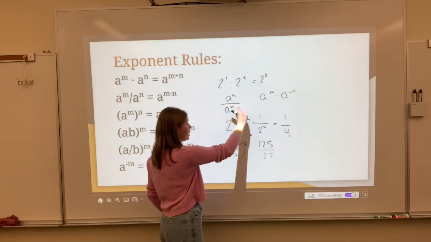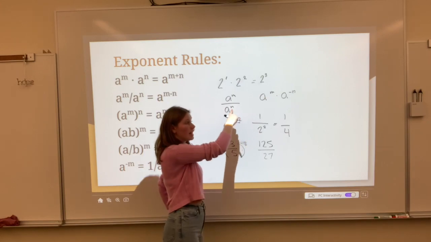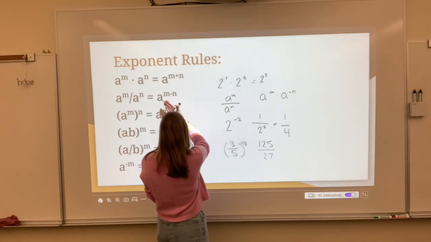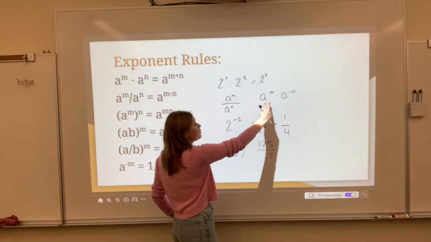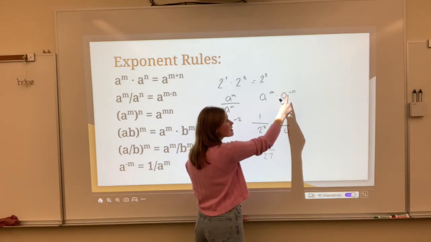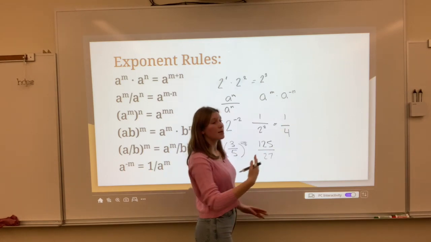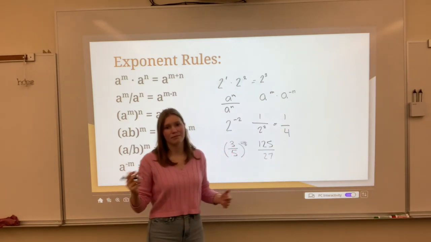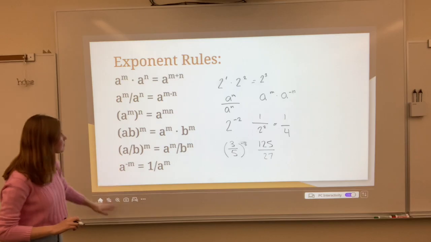You brought it from the denominator to the numerator, so you make the exponent negative. And now it's a multiplication problem up here. You add the 2 exponents together. M plus negative n is the same as m minus n. So that is how that works.